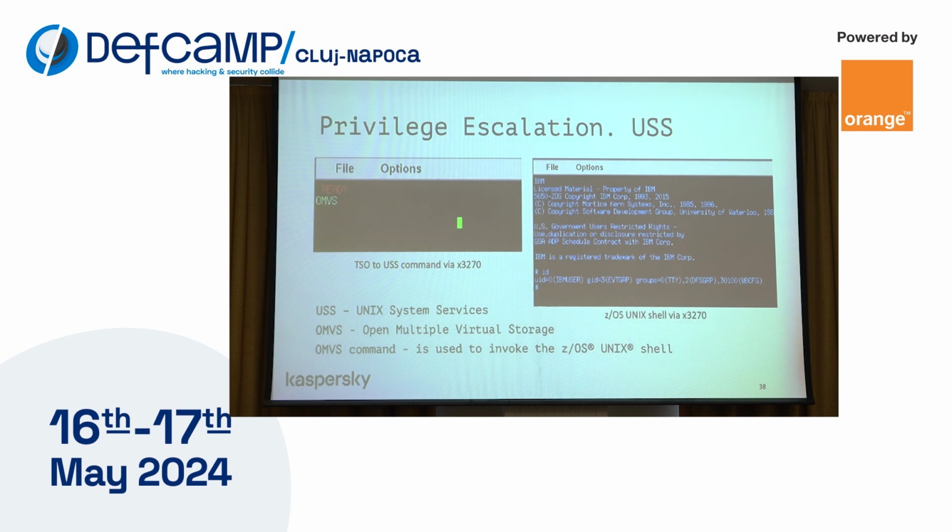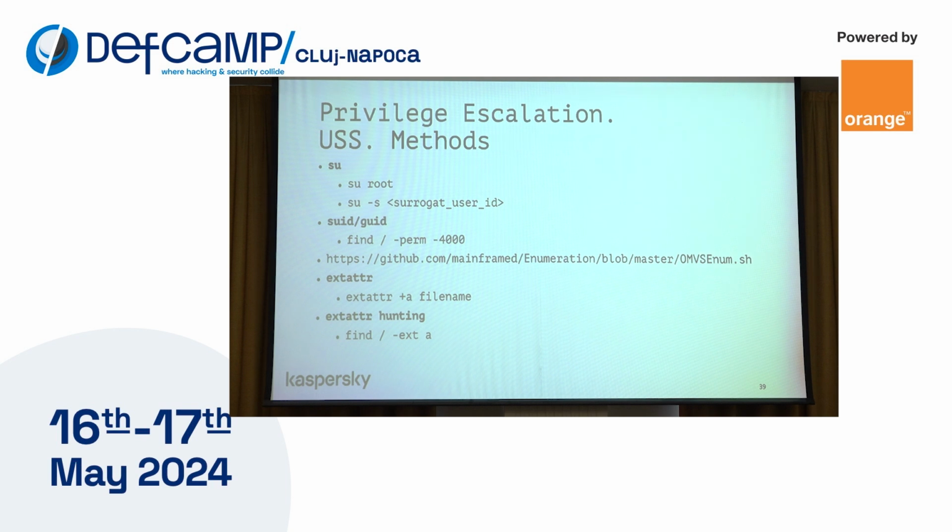Also, you may escalate your privileges in the Unix subsystem. As I mentioned before, the command omvs runs the z/OS Unix shell for switching to another context. You also may use the SU utility. You may find some SUID and GUID bits on some utilities.